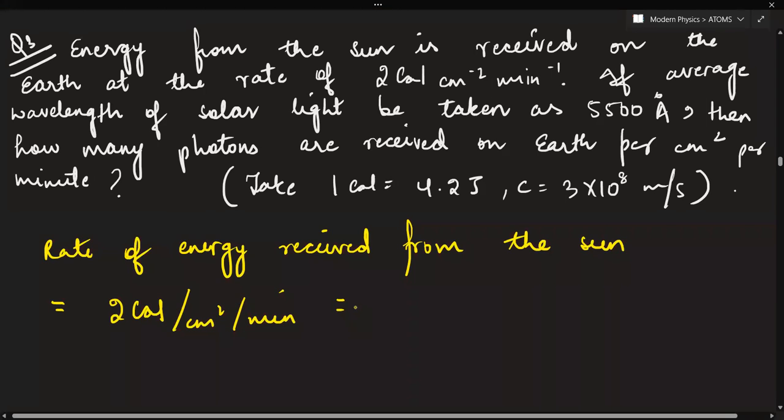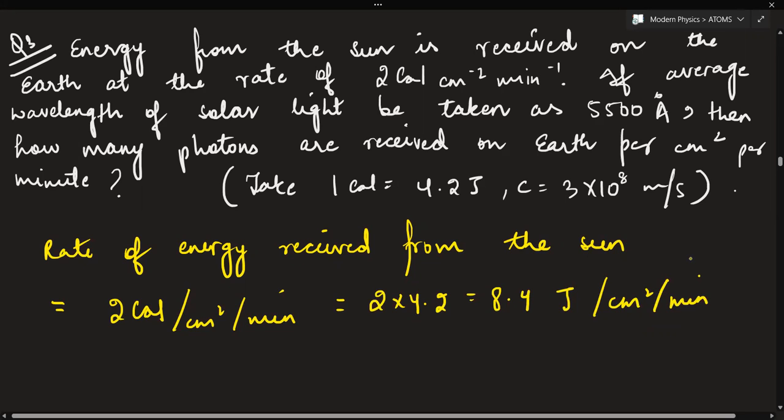We have to convert it into SI unit because calorie cannot be considered. Now see, if you multiply 2 into 4.2, you will get 8.4 joules per centimeter square per minute.